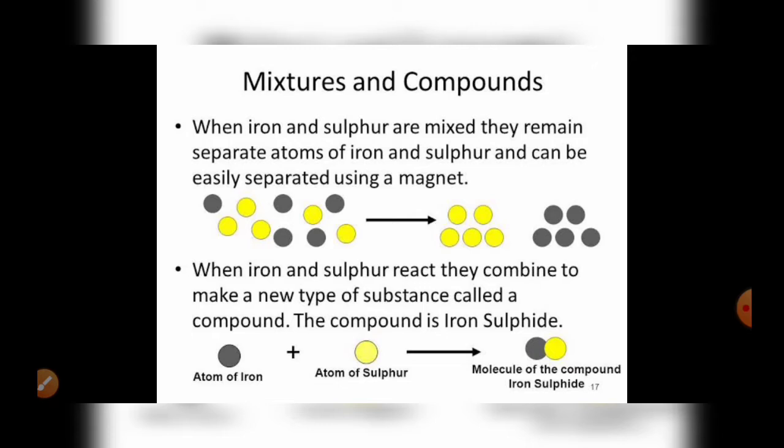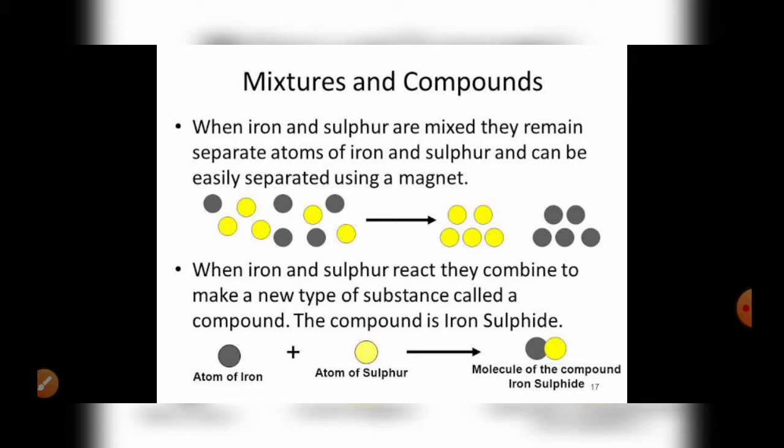Whenever you bring the magnet, the iron filings are attracted by the magnet and the sulfur will be separated. When iron and sulfur react, they combine to form a new type of substance called a compound. The compound is known as iron sulfide. That is, an atom of iron plus an atom of sulfur gives a compound, iron sulfide.